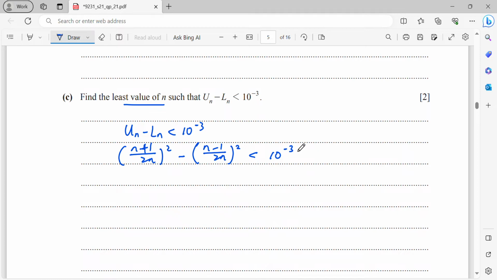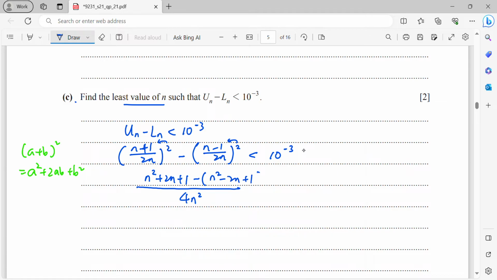Since both denominators are the square of 2n, I bring in the squared and it becomes 4n squared. At the same time, I bring this squared into the numerator, so you have to do expansion. It will be n plus 1 squared, which is n squared plus 2n plus 1 according to the quadratic expansion, and then you minus n minus 1 squared, which is n squared minus 2n plus 1, less than 10 power negative 3.